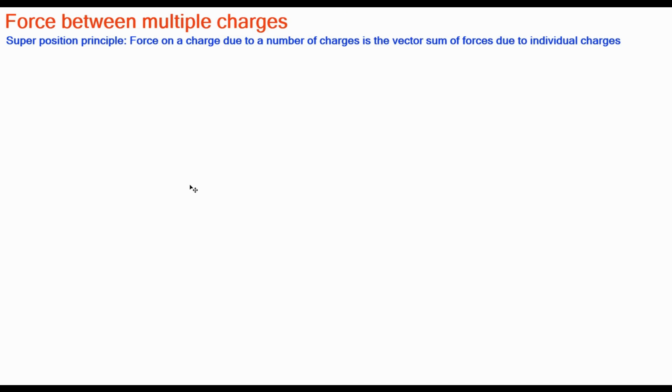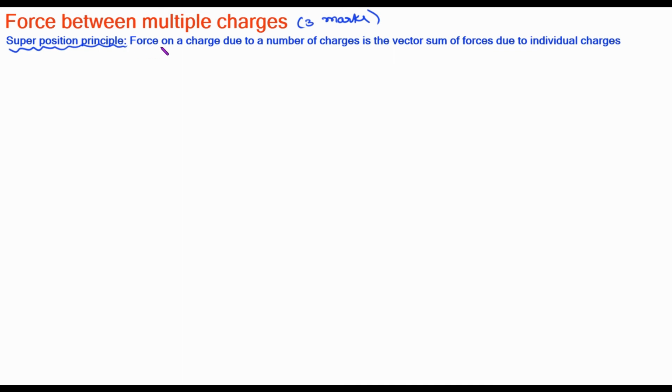Now let's derive a small derivation which can be asked for 3 marks. Obtain an expression for force between multiple charges, they can ask. For the derivation we are making use of one principle called the superposition principle.